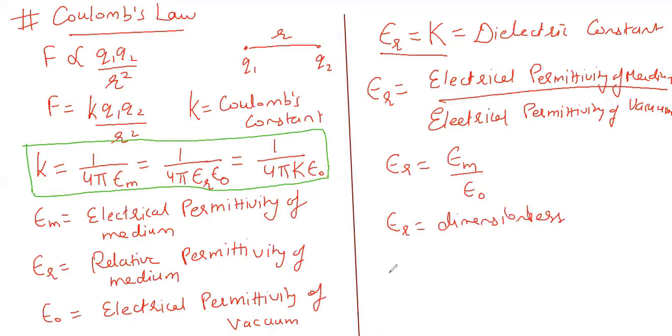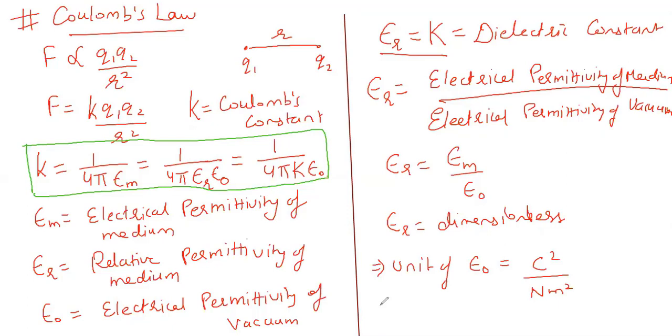Okay, if someone asks us about the unit of epsilon, then what will we write? The unit will be the unit of epsilon naught, which is Coulomb square divided by Newton into meter square.